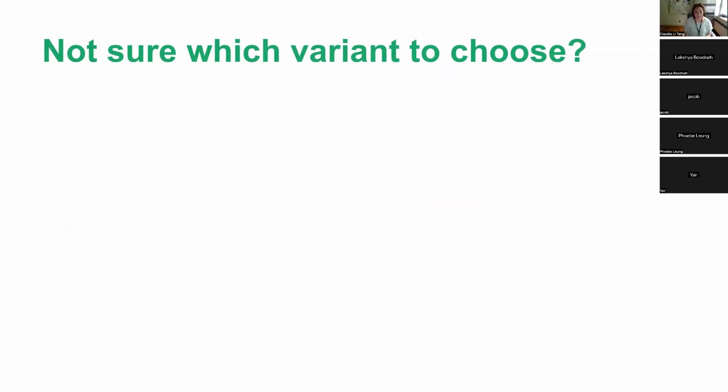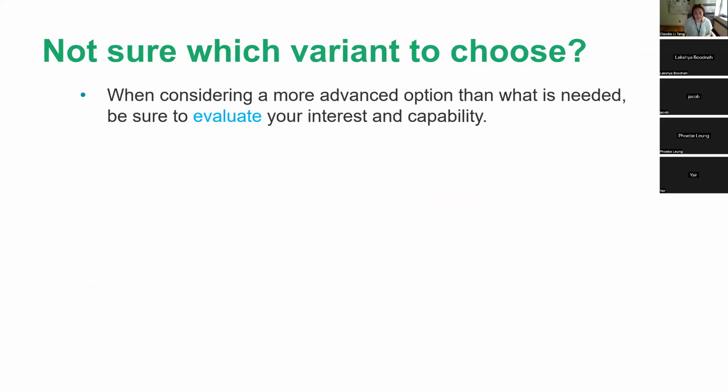Okay, so if you're not sure which variant to choose, and you're considering a more advanced option, then make sure you evaluate your interest and capability. Some of the benefits of enrolling in, let's say, MAT 157 are that, first of all, you'll be in a smaller classroom with dedicated faculty who really love the subject, and it's obviously a little bit more enriched.